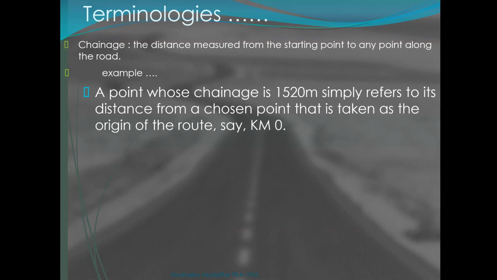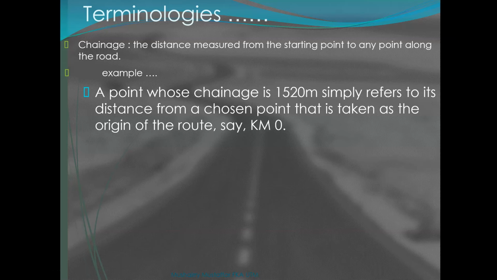In terms of road construction, it will tell us at that particular point along the alignment where the curve starts. If you're talking about a vertical curve, it tells us at that point whether it's going to be a cut or a fill, where the curve will end and so forth.